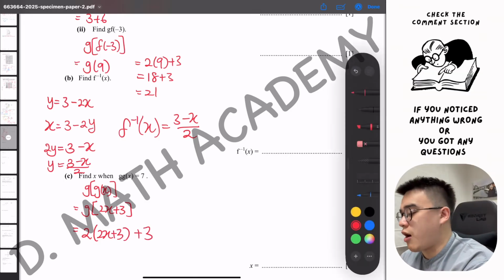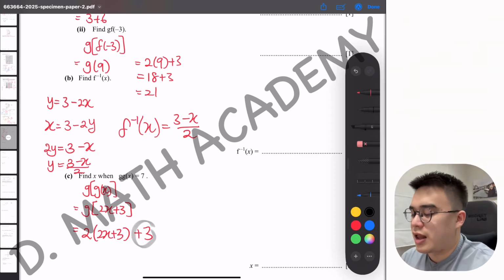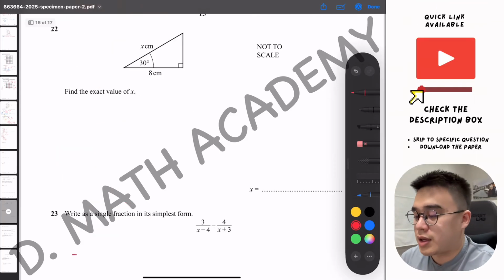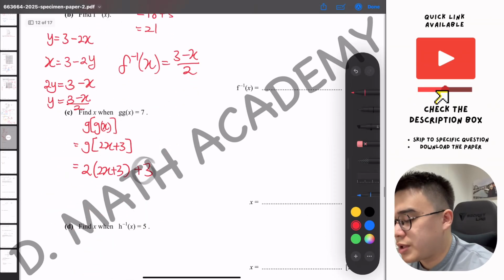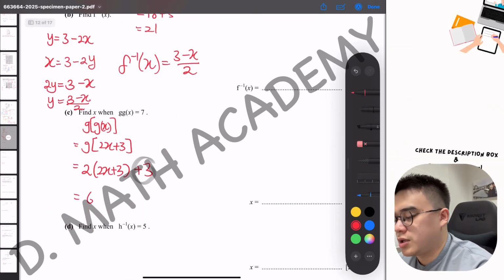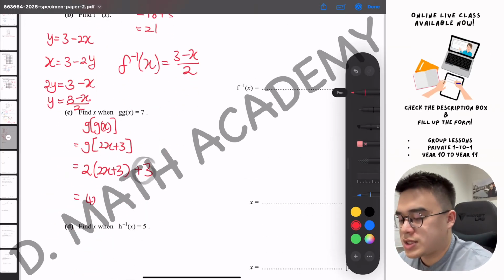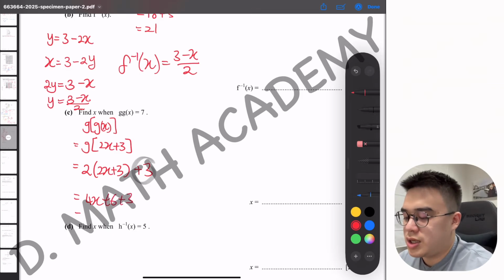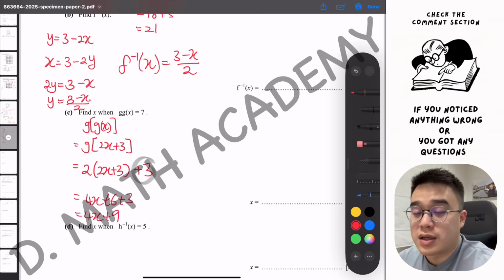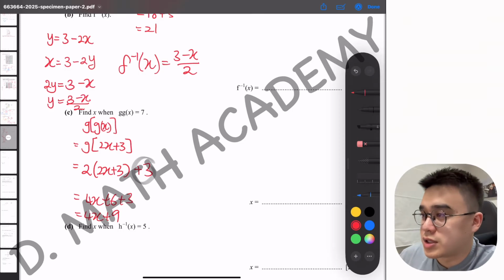Students often accidentally leave out the plus 3 at the back. So once you completed that calculation here, you get 4x plus 6 plus 3, you get 4x plus 9 as your final answer.